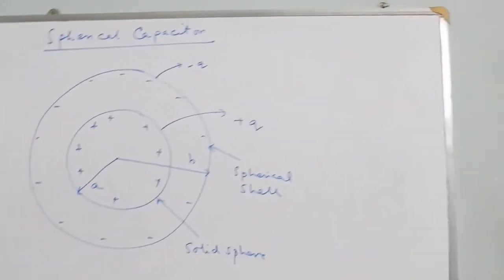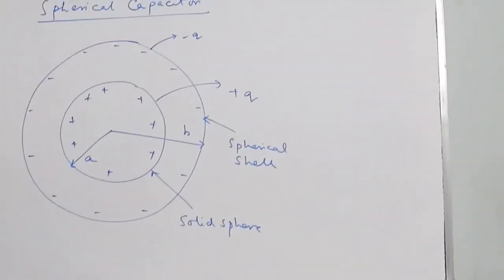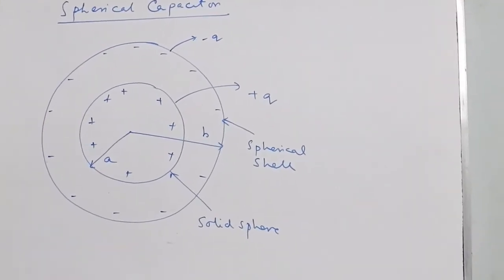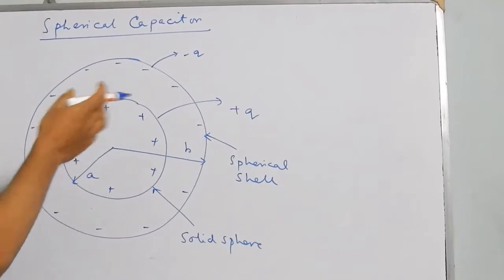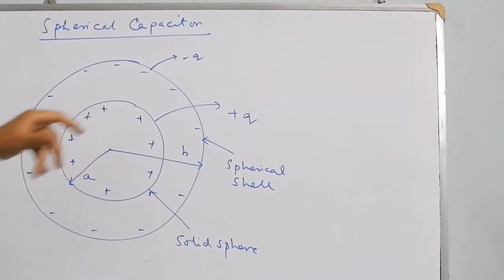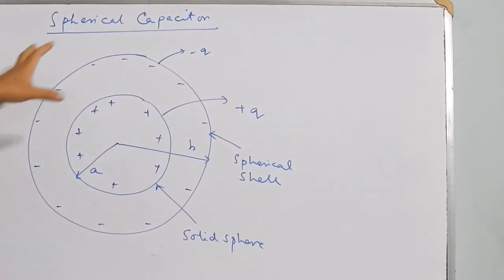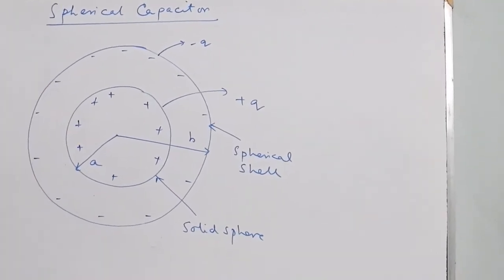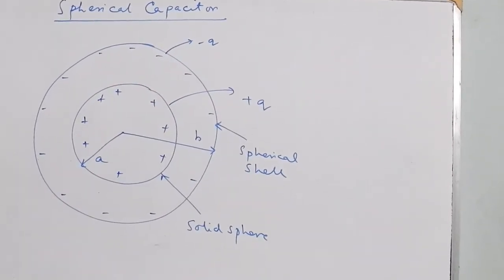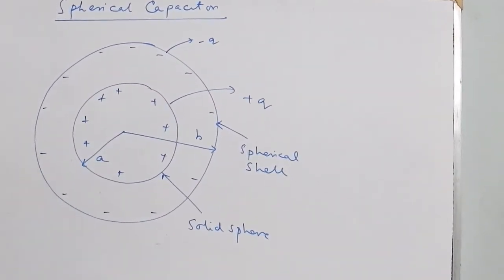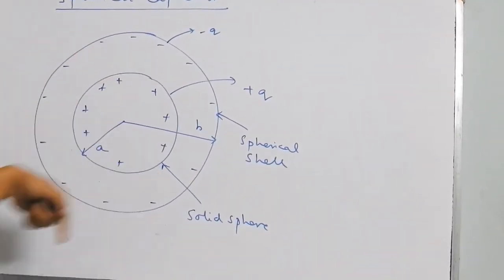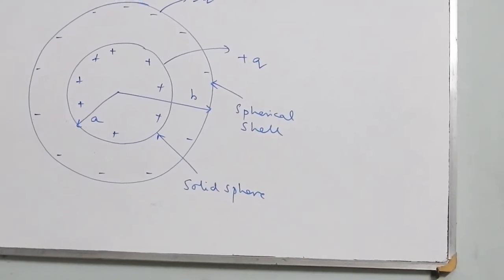Now, in order to calculate the capacitance of this spherical capacitor, we have to first calculate the potential difference that will exist between the plates. I have assumed that the inner sphere is positively charged and the outer spherical shell is negatively charged, but the same amount of charge Q appears on both. So definitely a potential difference will exist, with the inner sphere at the higher potential and the outer spherical shell at the lower potential.